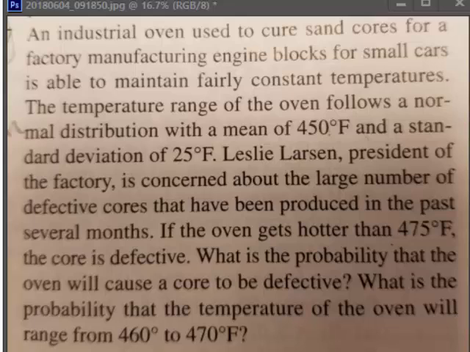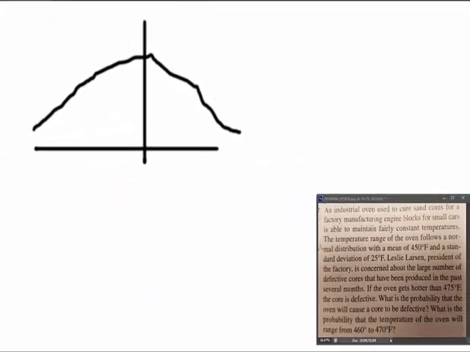So the first thing we need to do is, on our chart, determine what part of this curve we're interested in. I have the standard curve here, which is, I'm sorry, very poorly drawn. If this is the mean right here, the mean is 450.